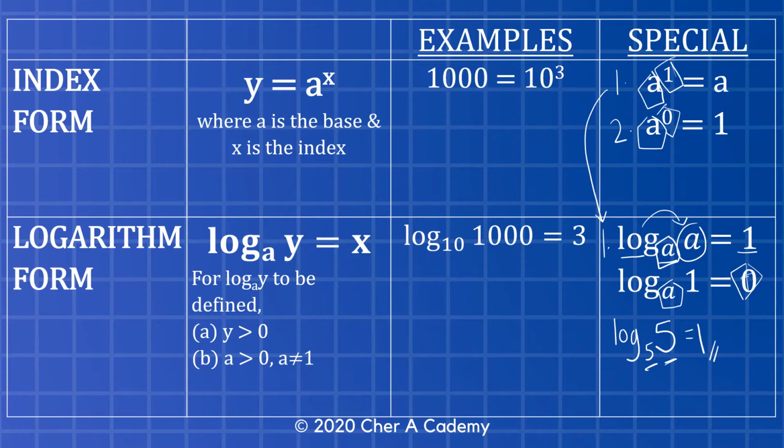So if I log 1 with any base, for example, maybe 2, as long as I'm logging 1, my answer will be 0.